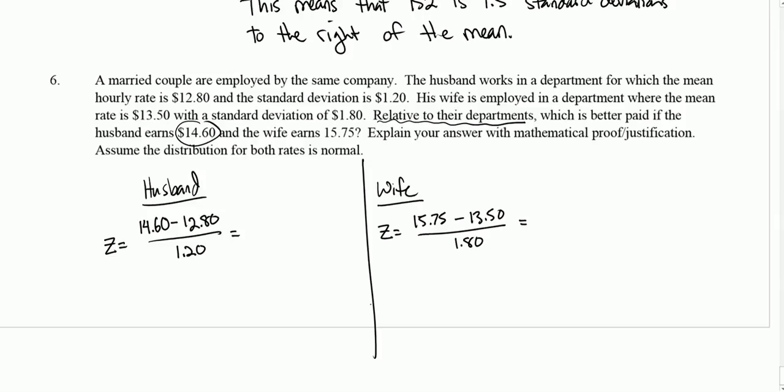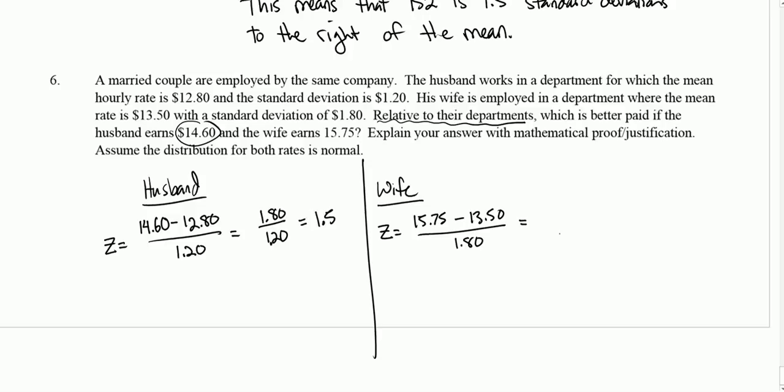$14.60 minus $12.80 is $1.80. And $1.80 divided by $1.20 is 1.5. So the husband is 1.5 standard deviations to the right of the mean.